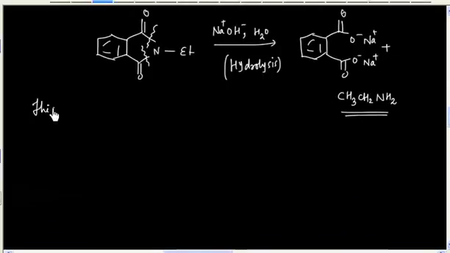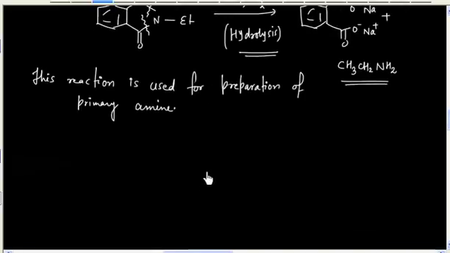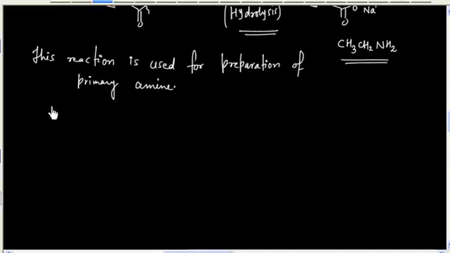So this reaction is used for preparation of primary amine. Now the mechanism of the hydrolysis step is similar to the mechanism of amide hydrolysis. You may remember hydrolysis of amide.